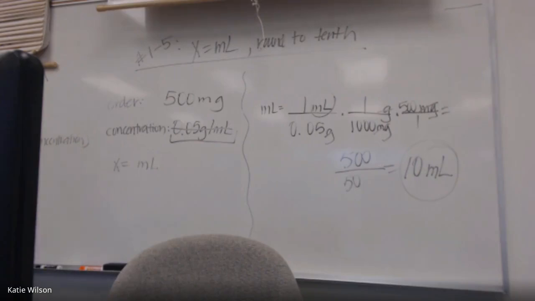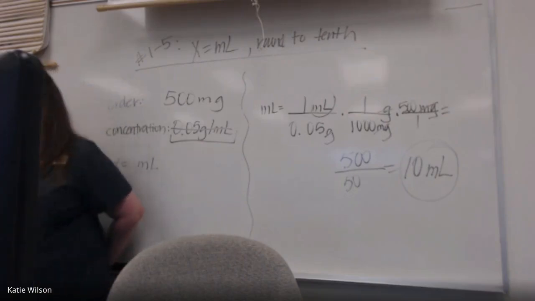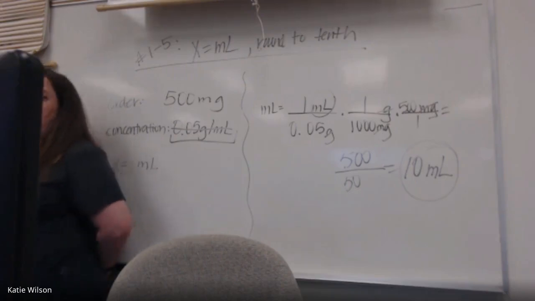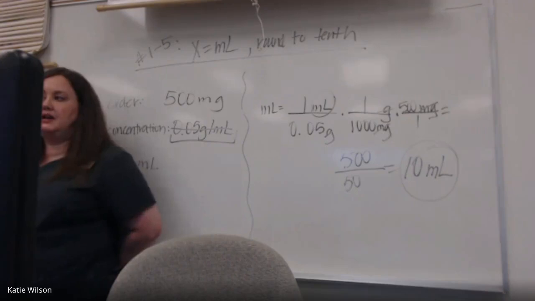So do we feel more comfortable now doing some of these? Okay, now chapter 11 talks about calculations using weight and body surface area. Now the good news is we are not going to go over body surface area. Okay? So for a beginning nursing student or an LPN, it's good to understand what body surface area is.